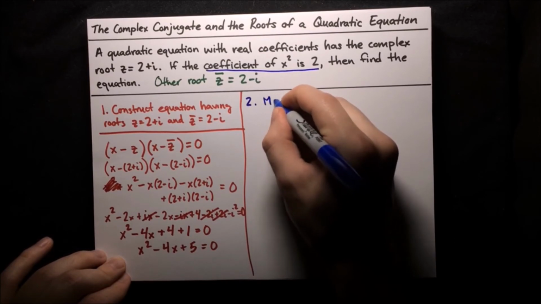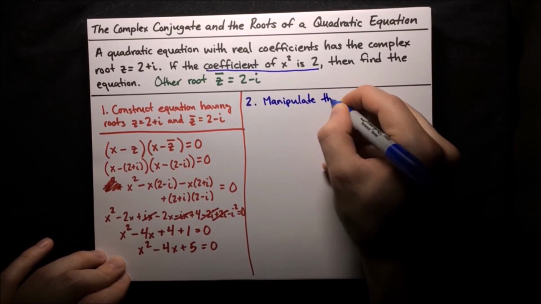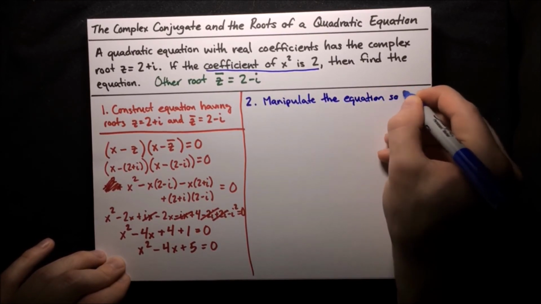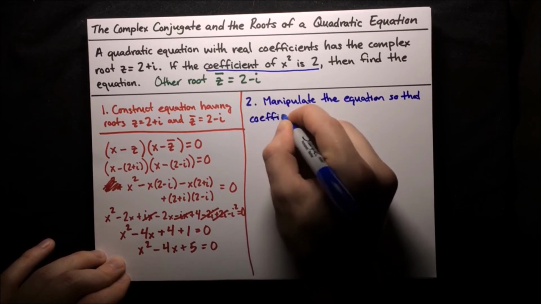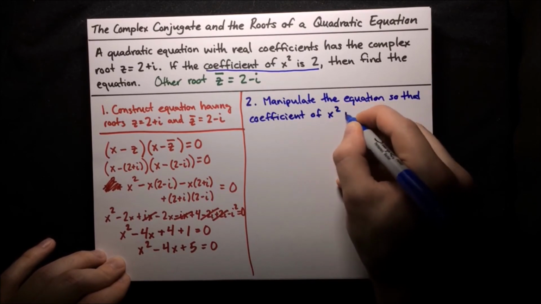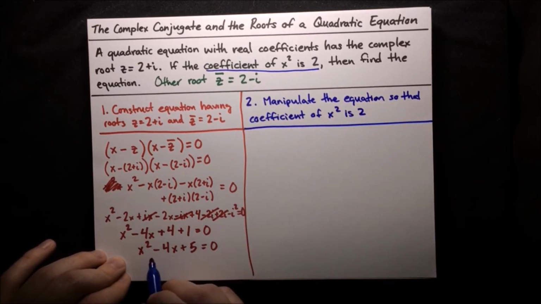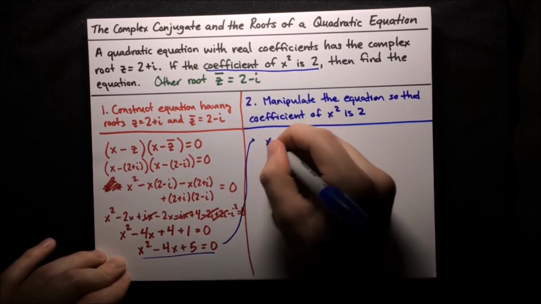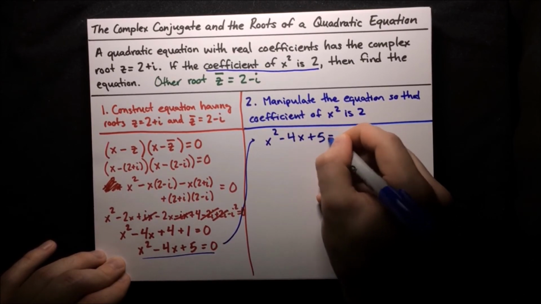We're going to manipulate the equation so that the coefficient of x squared is 2. Alright, so we'll use this as a starting point here. Let's bring that up there. We have x squared minus 4x plus 5 equals 0.